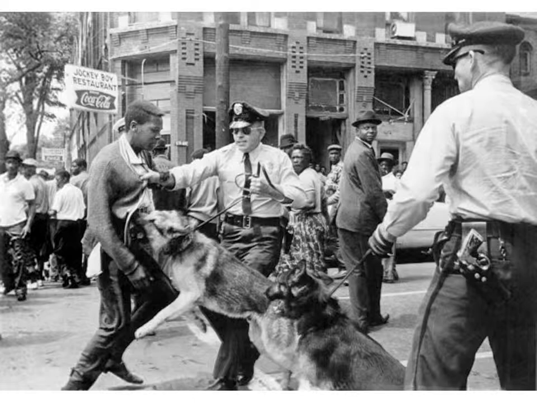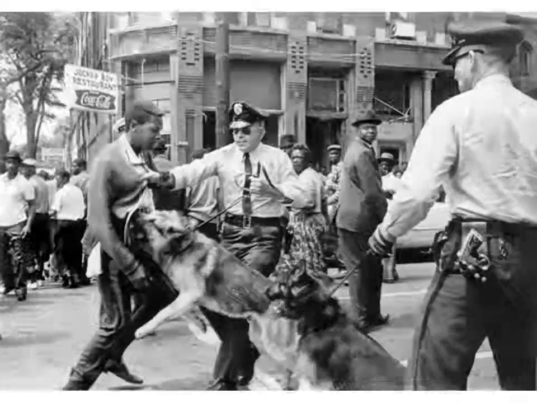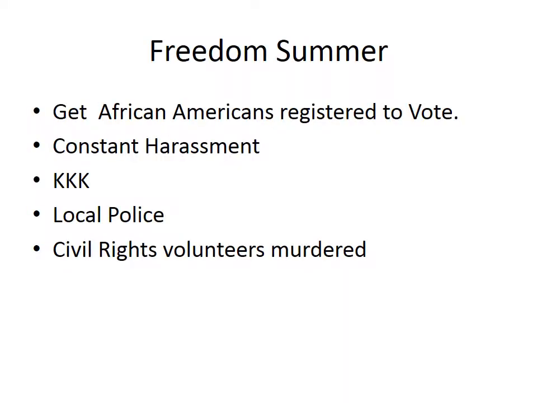Another famous campaign that you need to be aware of is the Freedom Summer. The Freedom Summer was an effort to get African Americans registered to vote, and they were faced with constant harassment. Over the course of the 10-week project, 4 civil rights workers were killed.